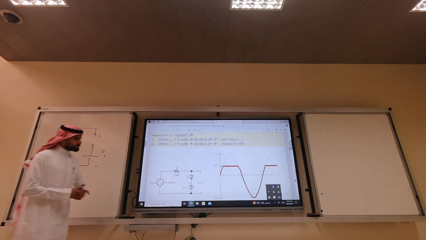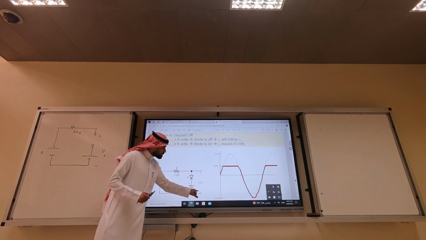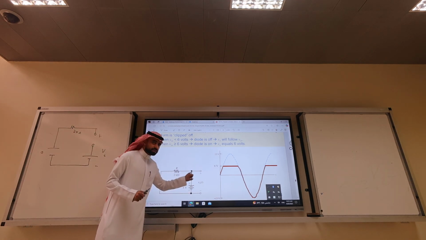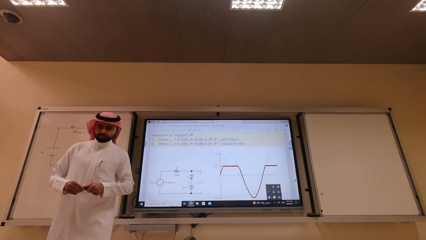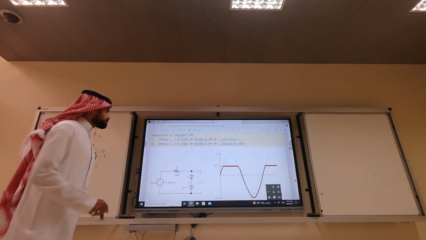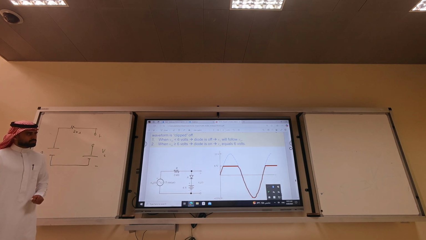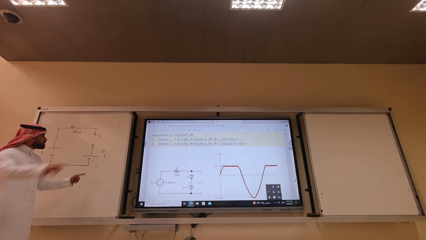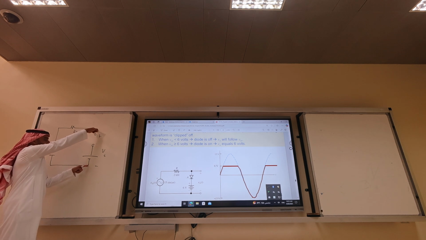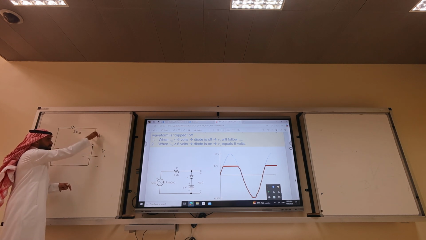Is the output measured across the battery and the diode or just the diode? It's challenging, right? If the voltage is across the 6 volt and the diode, so this is open circuit.